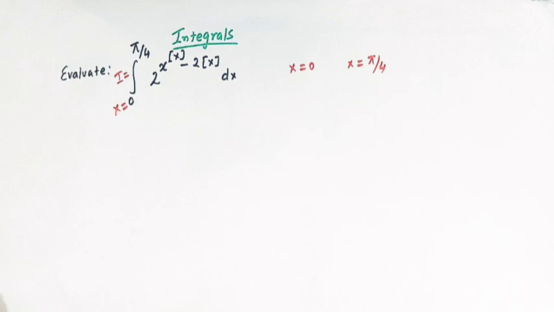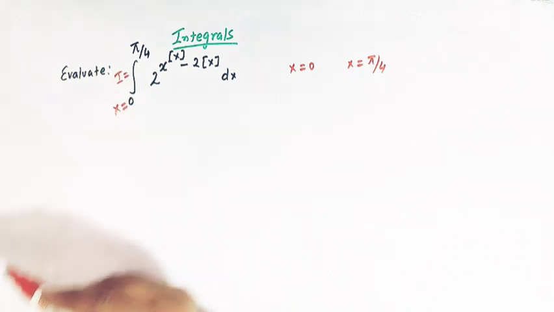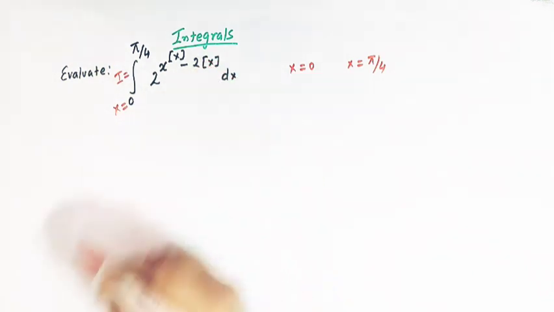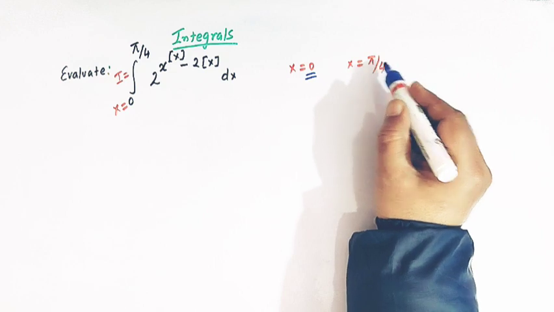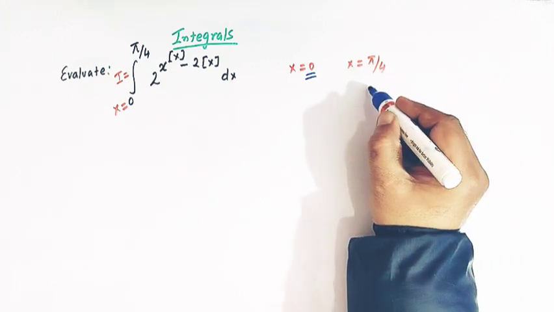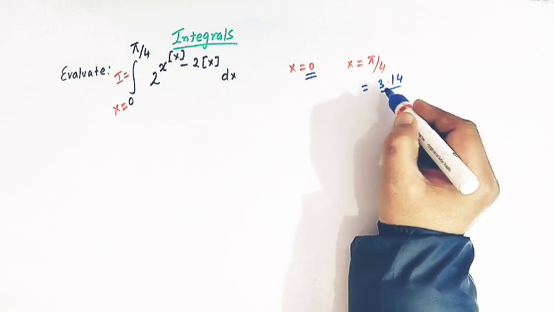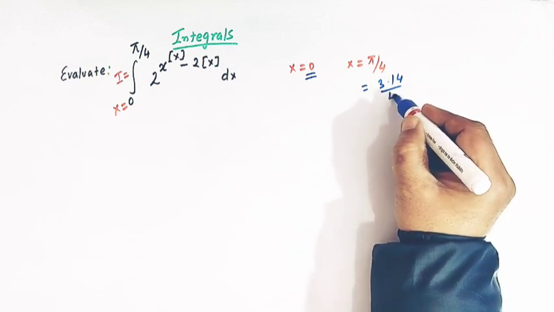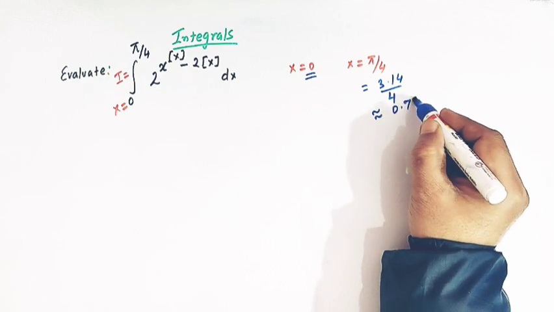In this problem also we'll see how we can utilize the lower limit and the upper limit to assign a value to the greatest integer of x. Here the lower limit is 0 and the upper limit is pi by 4, right? The approximate value of pi is 3.14, and if we divide 3.14 by 4, we approximately have 0.78.